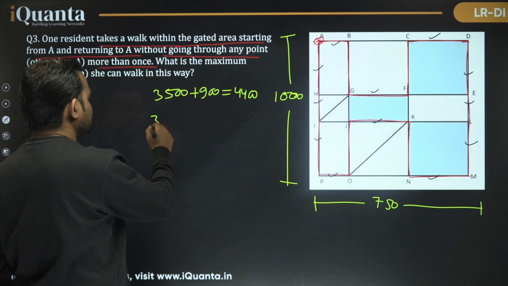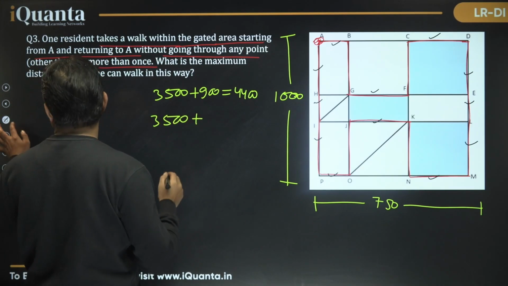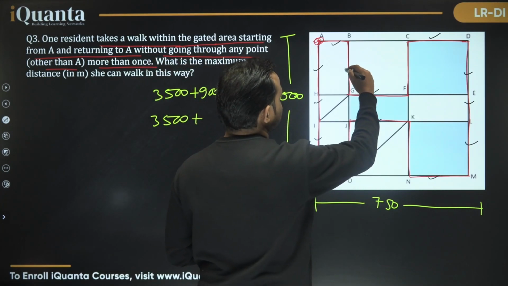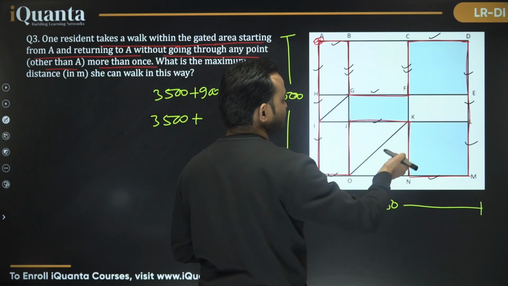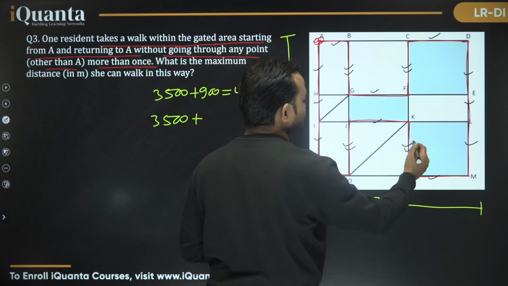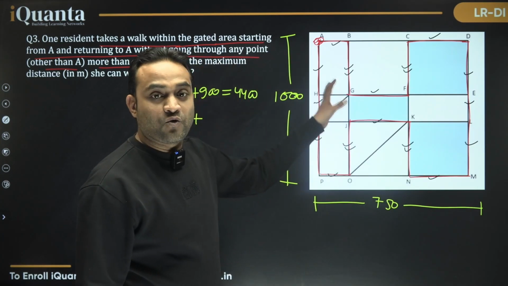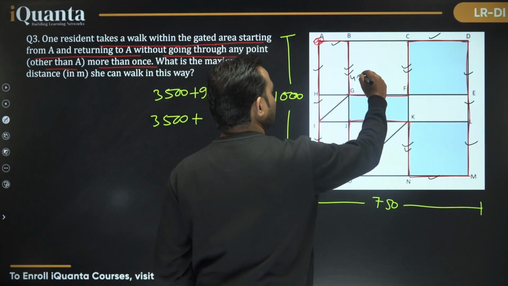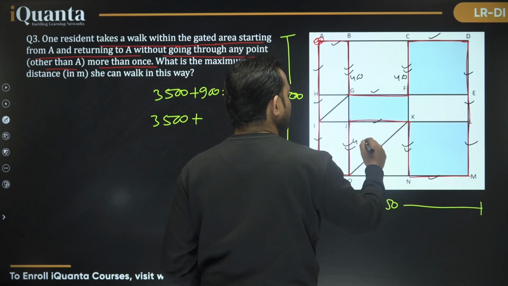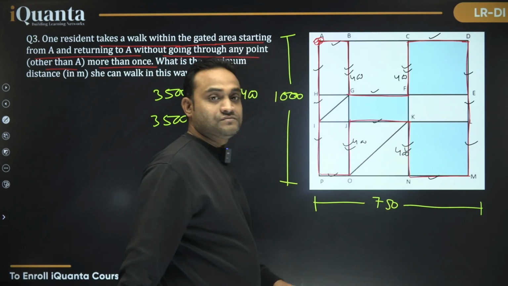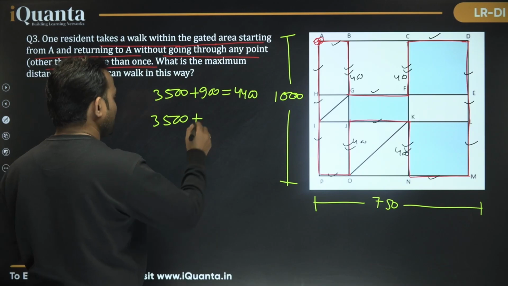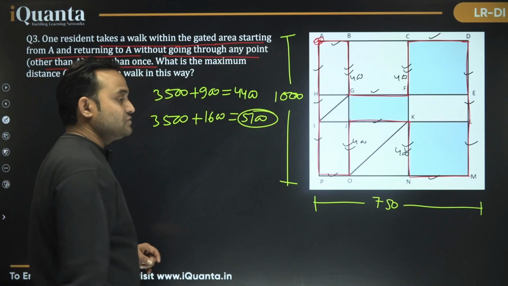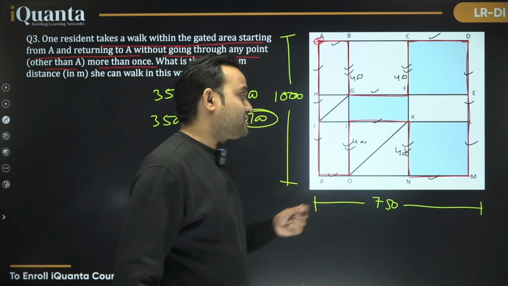So this is 3500 already, plus the extra portion, if we check, is this one, this one, this one, and this one, right? These four distances make the difference. Each of them is 400. So 400, 400, 400, and 400. So add 1600 now. So if I add 1600 now, we are getting 5100. And this is the maximum, right? So that should be our answer.